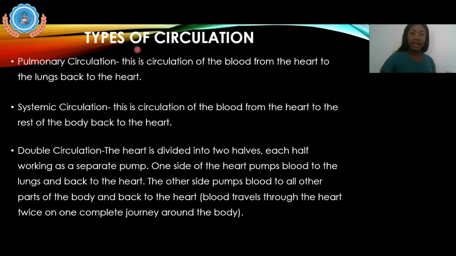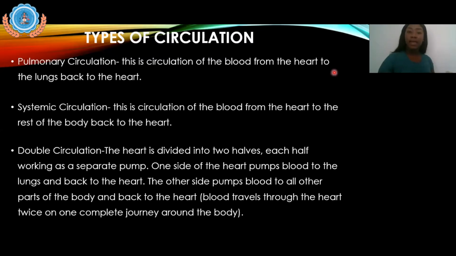So let's look at the types of circulation. We have different types of circulation: pulmonary circulation, systemic circulation, and double circulation. The pulmonary circulation is the circulation of the blood from the heart to the lungs and back to the heart, which is normally carried out by the pulmonary artery and the pulmonary vein.